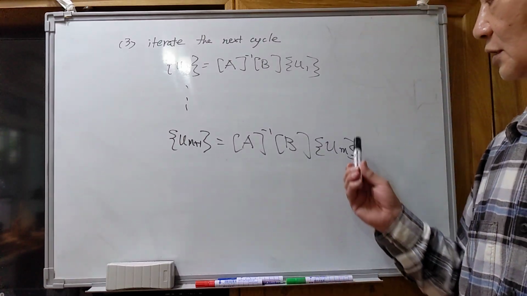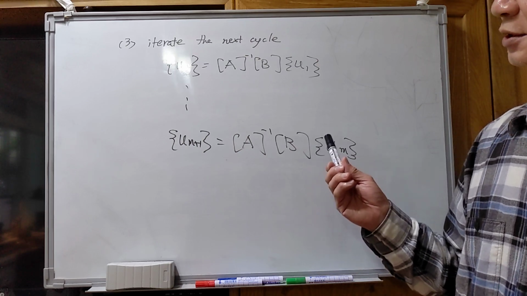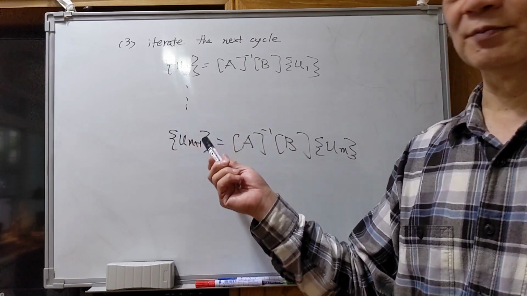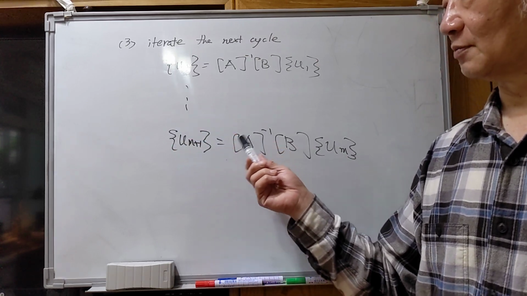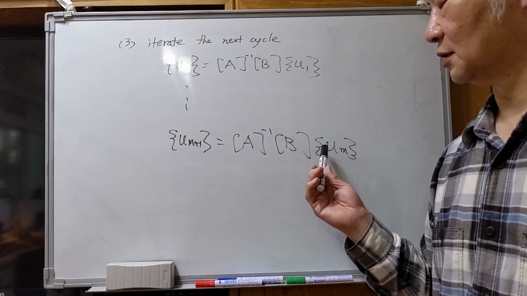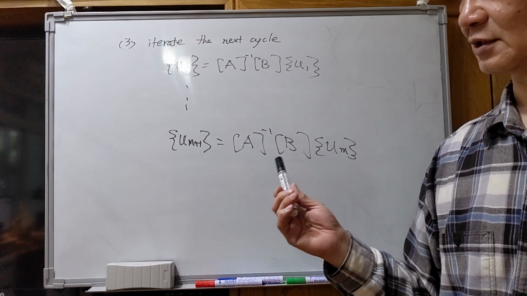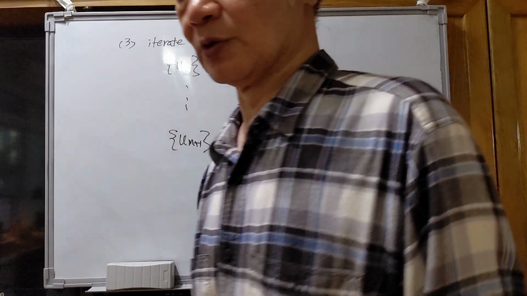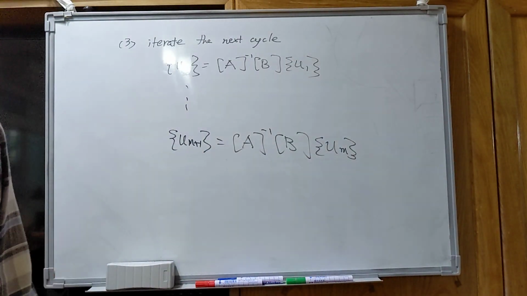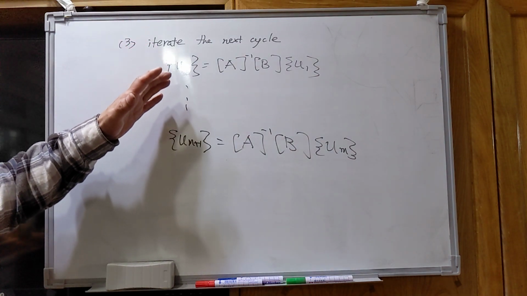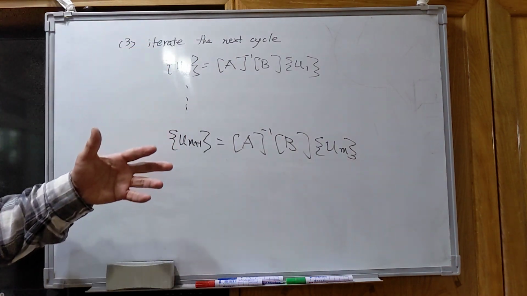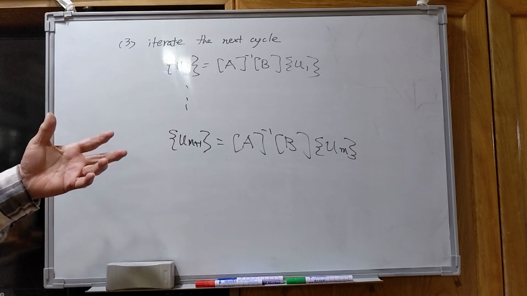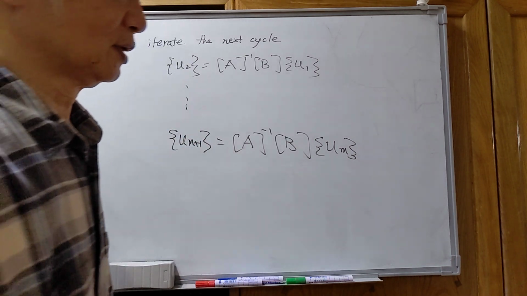So if we got the UM vector, then how can we get the UM plus 1? We just multiply the A inverse B to the UM vector to get the UM plus 1. And how can we decide, how do we terminate the iterations?